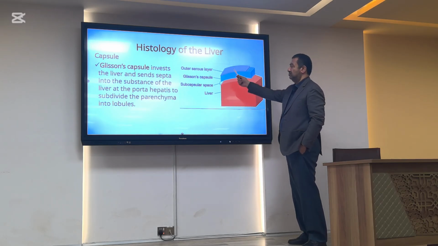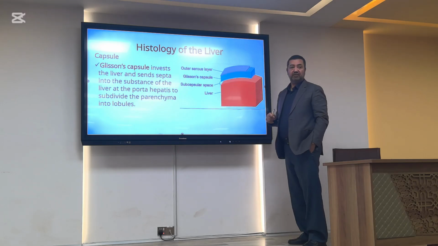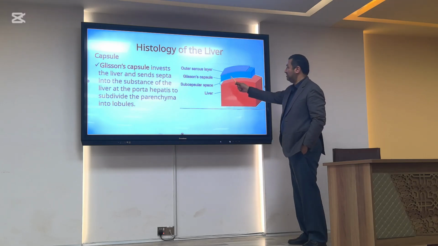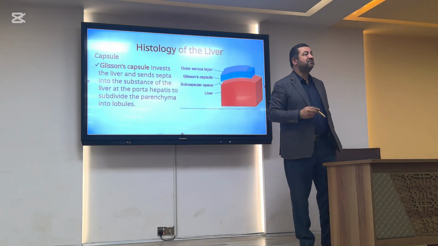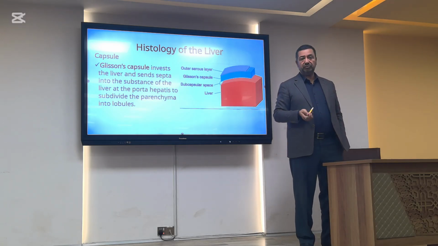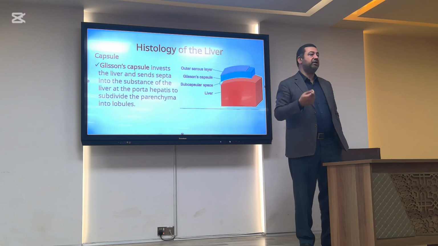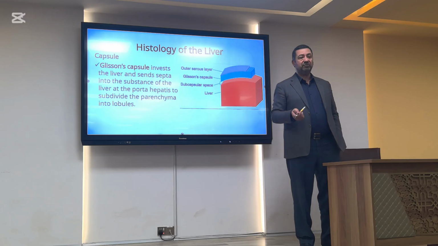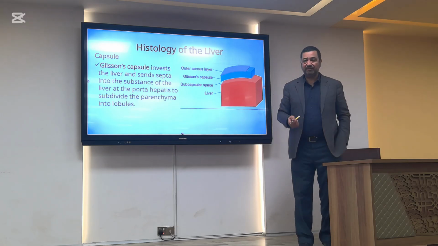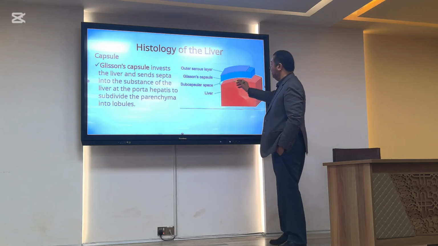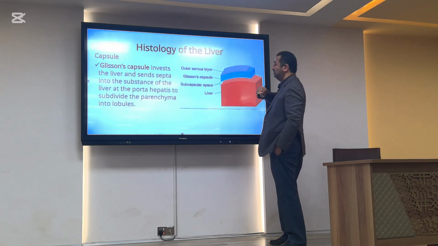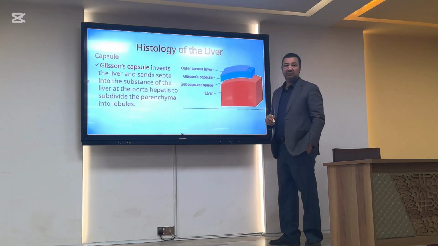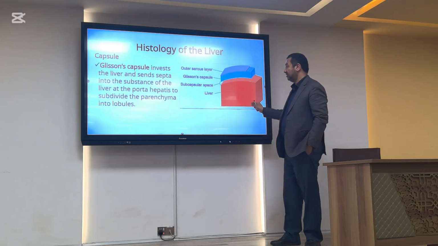Here is the outer serous layer, peritoneum, and this capsule is dense, irregular connective tissue. This capsule is called Glisson's capsule. Between parenchyma of the liver and Glisson's capsule, there is the subcapsular space.